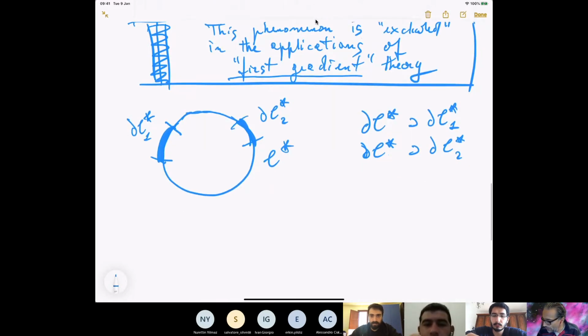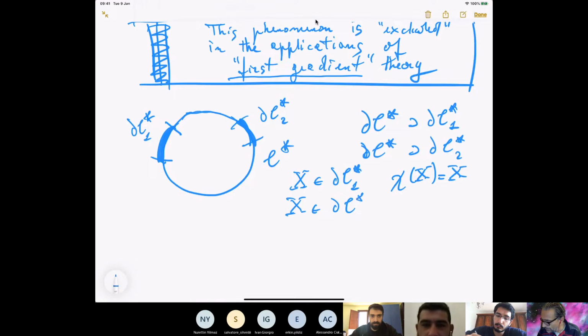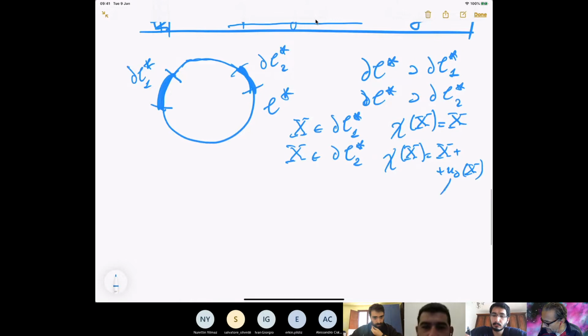And when X belongs to C star 1, you say that the placement of X is exactly X, so there is no displacement. And when X belongs to C star 2, you have that chi of X is equal to X plus U0 of X, and this is a given function.